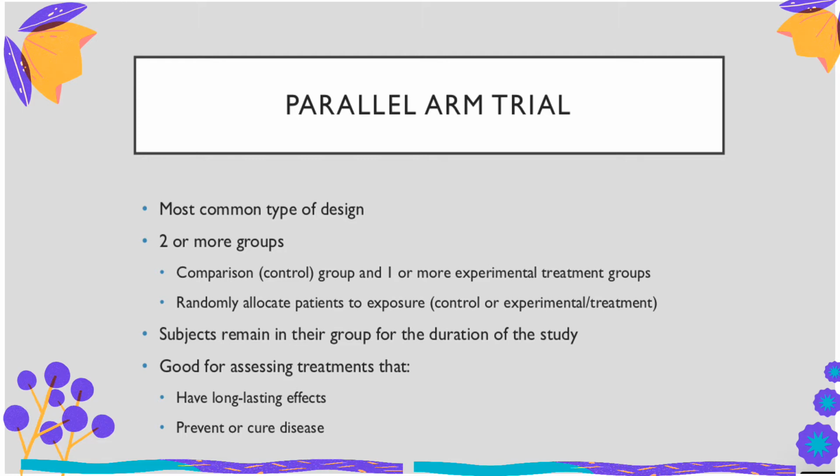It randomly allocates patients to exposure. In parallel arm, subjects remain in their group for the duration of the study. It is good for assessing treatments that have long-lasting effects and can prevent or cure disease.